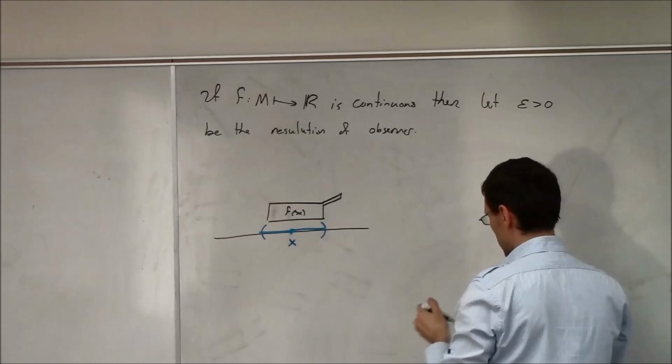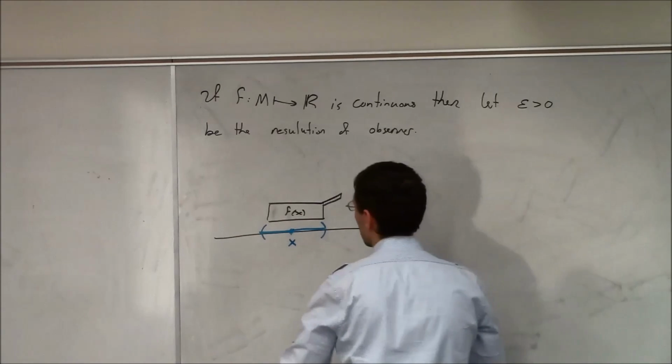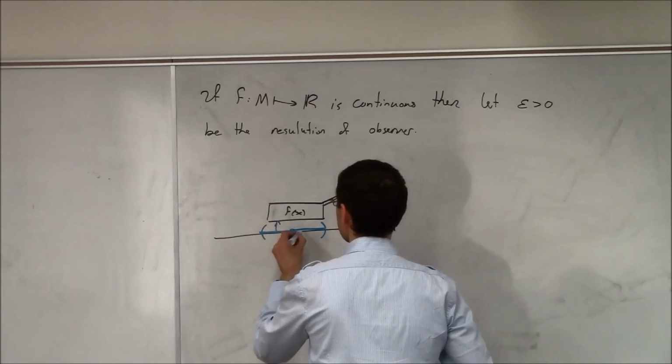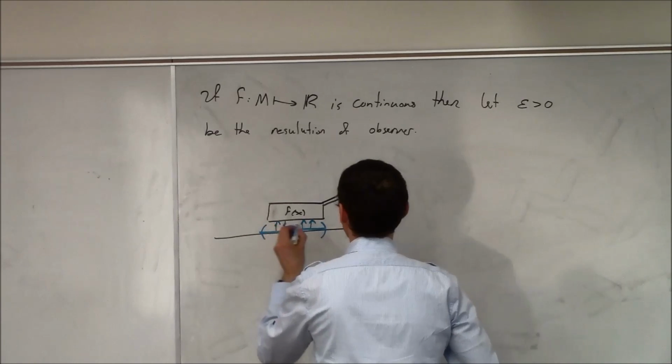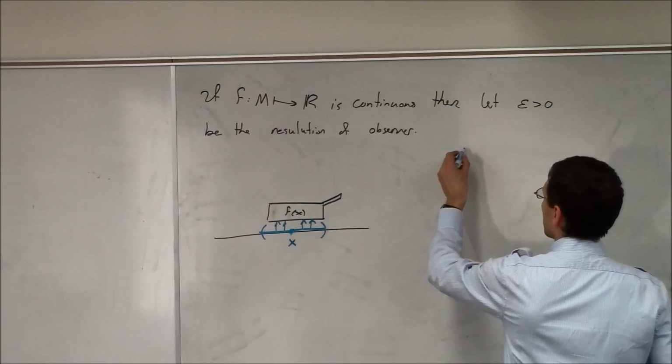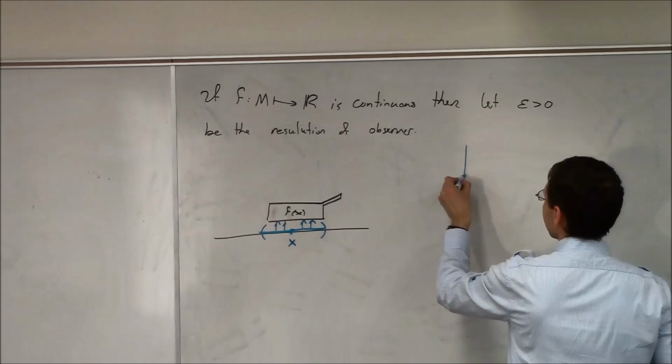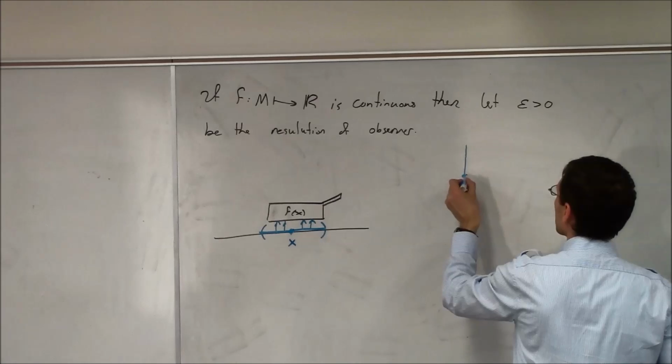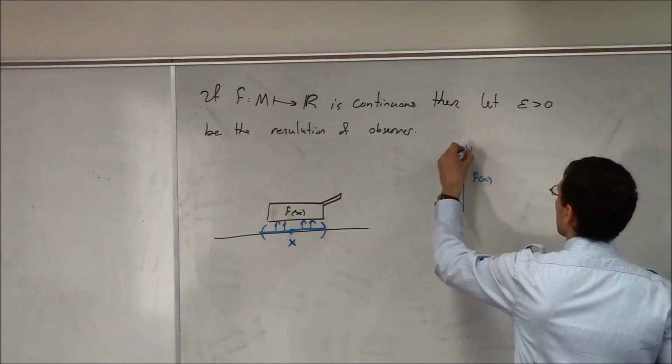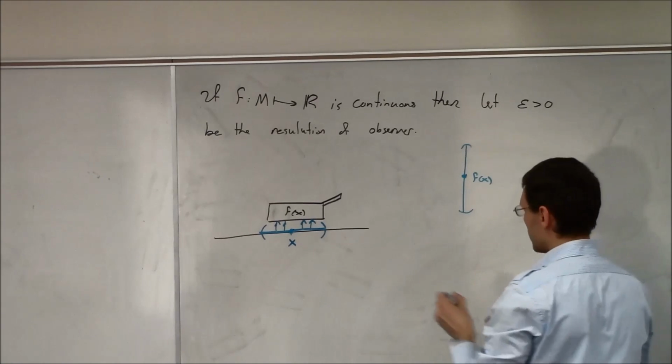So all those points are fed into the gun. And then you see a splash somewhere on the wall, which is here, f of x, and here is your splash.